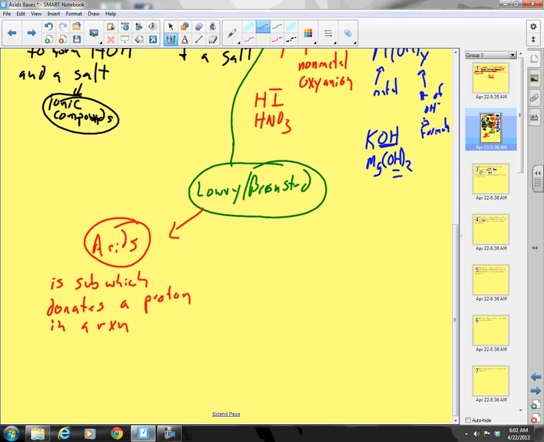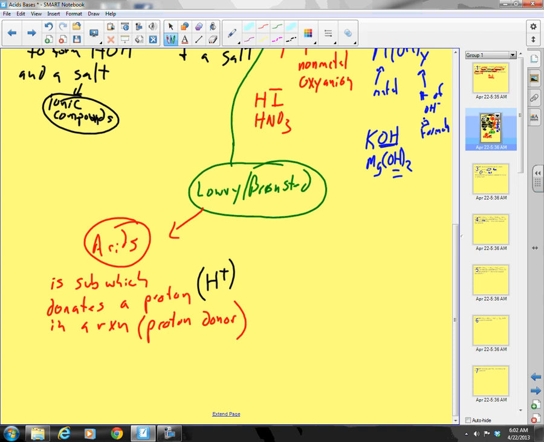Okay, so we're looking at something that is a proton donor. Got it? A proton donor. Now, what is a proton? Well, really, folks, a proton is H+. So we're looking at something that donates an H+ in a reaction.